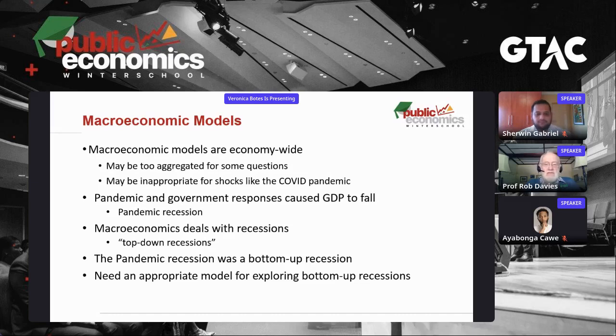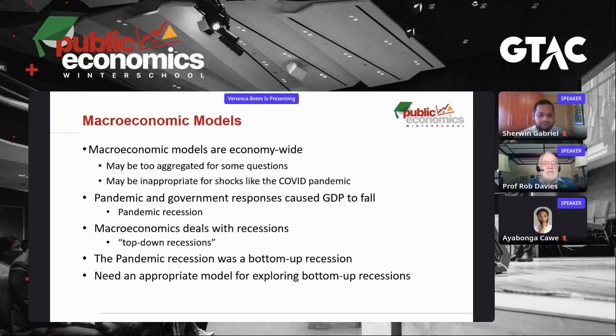One could think of macro models for the pandemic. We know the pandemic has caused a decline in GDP. Some people call it the corona contraction. Other people think it's a policy-induced recession. And one might think that macro models, since they deal with recessions and business cycles, would be the appropriate tool to look at the impact of COVID.